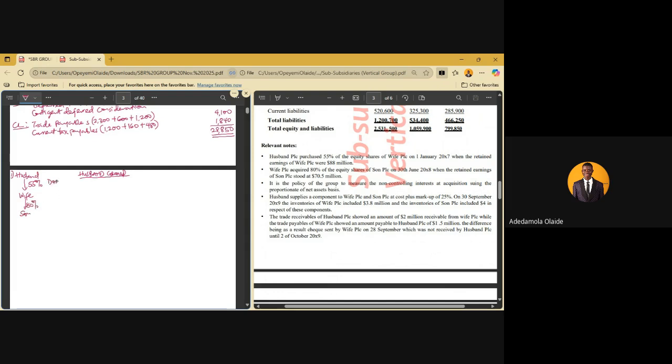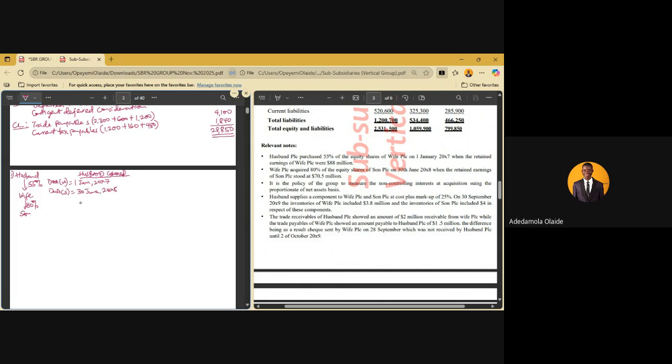Date of acquisition for Wife will be 1 January 20x7. Then date of acquisition for Son will be what? We're told that Son was acquired by Wife on 30th June 20x8, which was after Husband acquired Wife. So the date of acquisition for Son will be 30th June 20x8.